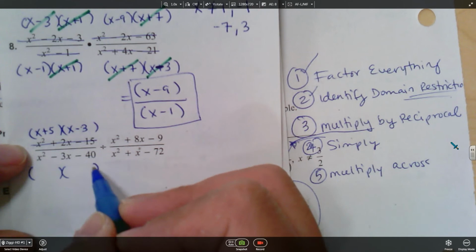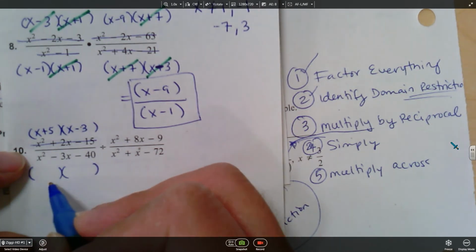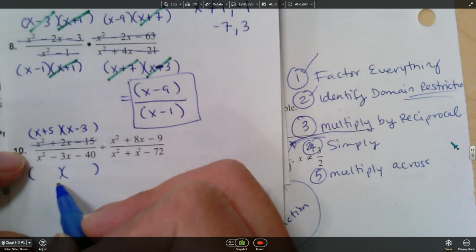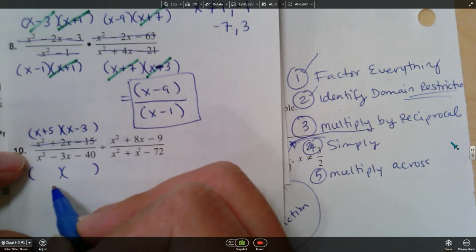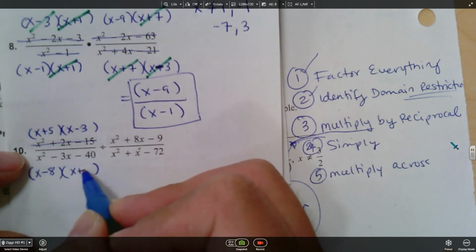Two numbers that multiply to be negative 40 and add to be 3. Is it 8 and 5? Okay. Negative 8, positive 5.